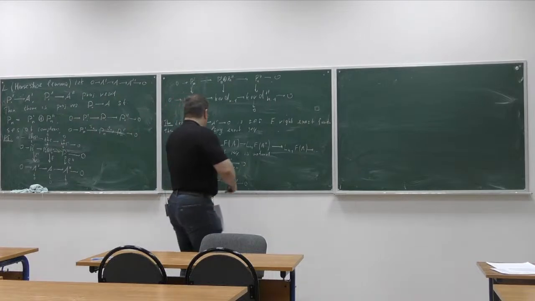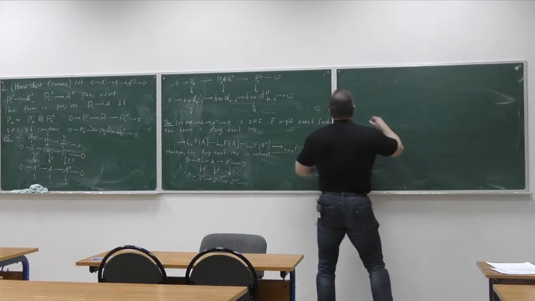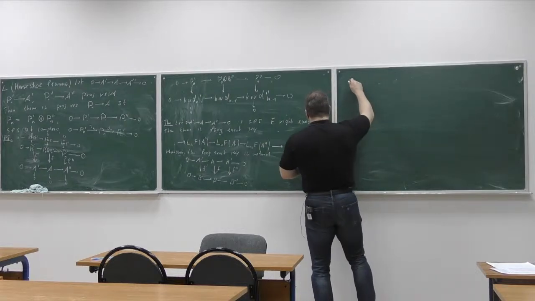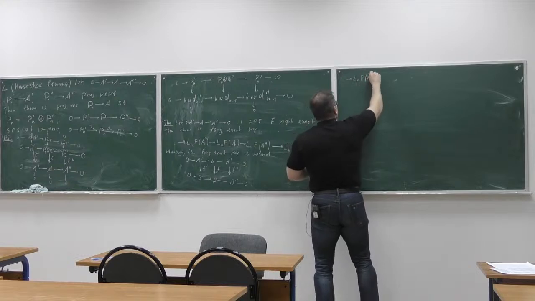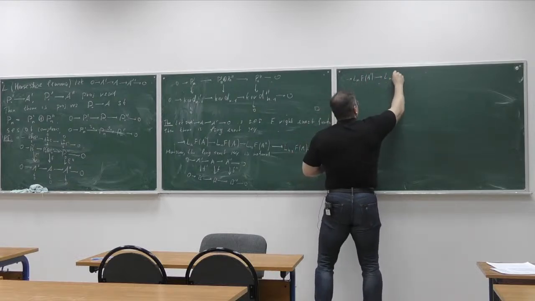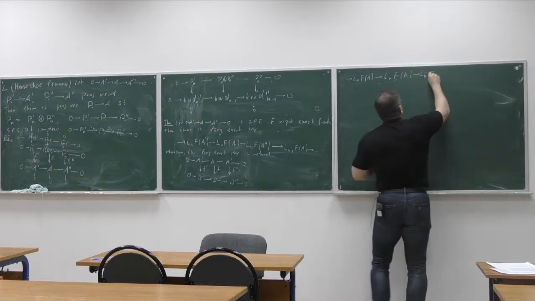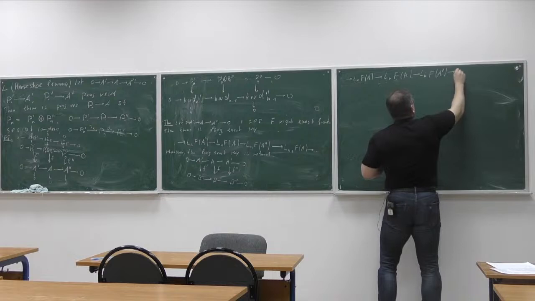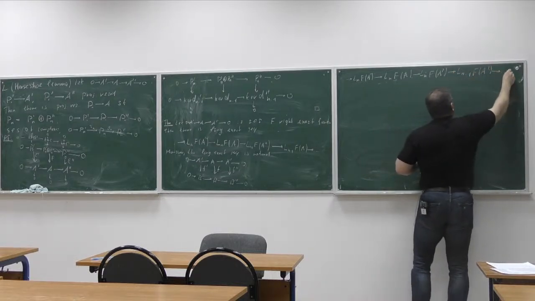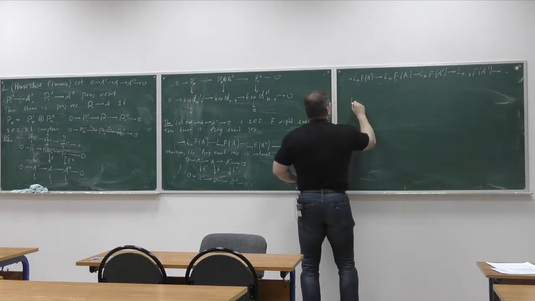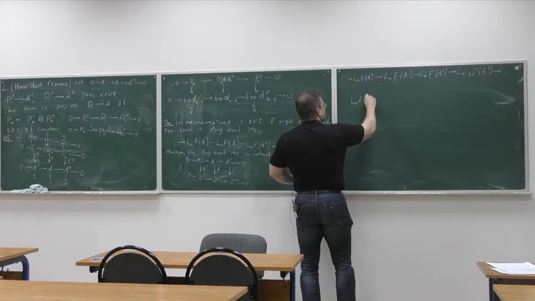Yeah, so if we have two short exact sequences and a map between them, then we have, of course, the long exact sequence for the first short exact sequence, the same as before, and the same long exact sequence for the second short exact sequence.